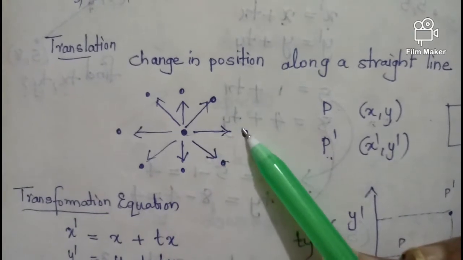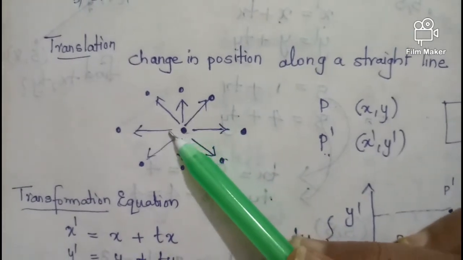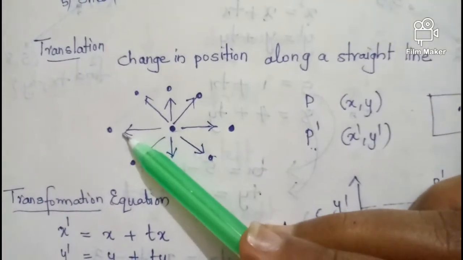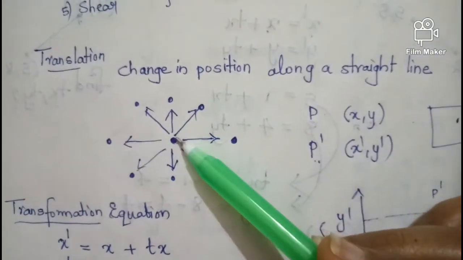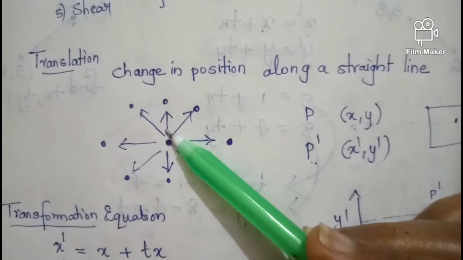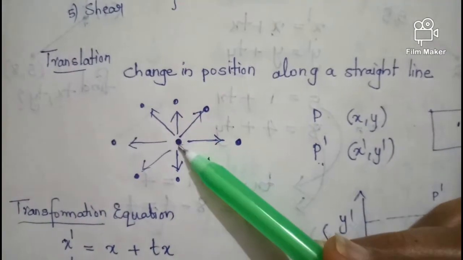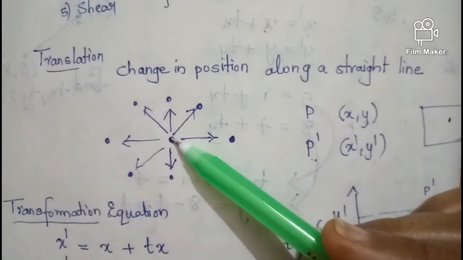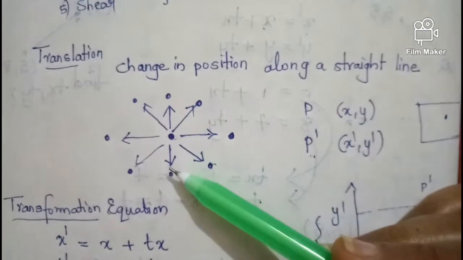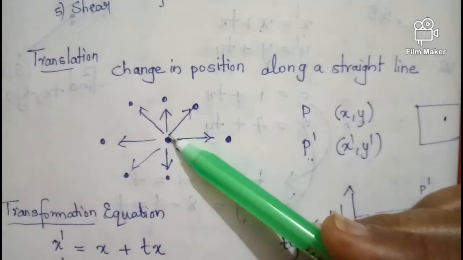Instead of moving towards the right, if the object moves towards the left, then also it has a straight line movement. Now what will happen if the object moves upwards or downwards? In both these cases, the object is again moving in a straight line motion. What about this?